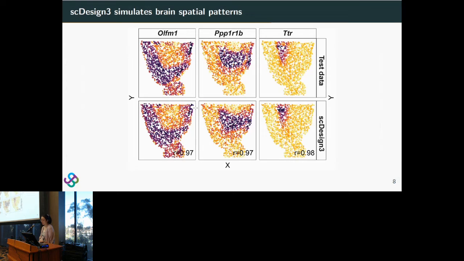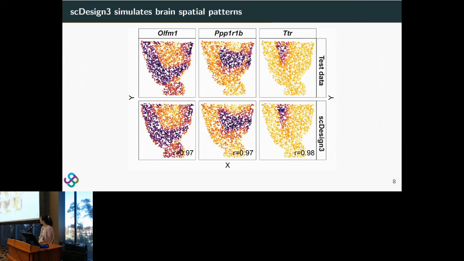And the next one is our simulated data for the spatial transcriptomic data. Here are 3 genes, and the color is their expression levels, and the dots are the cells at different spatial locations.